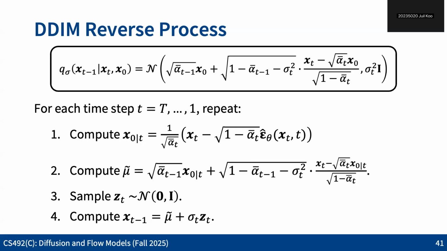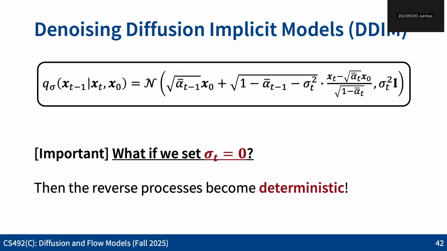Make sense? This is a very interesting point, in that we can find a reverse process which gives the same marginal distribution. The output will still be a point from the same distribution, but the generation process becomes deterministic by setting this to be 0.